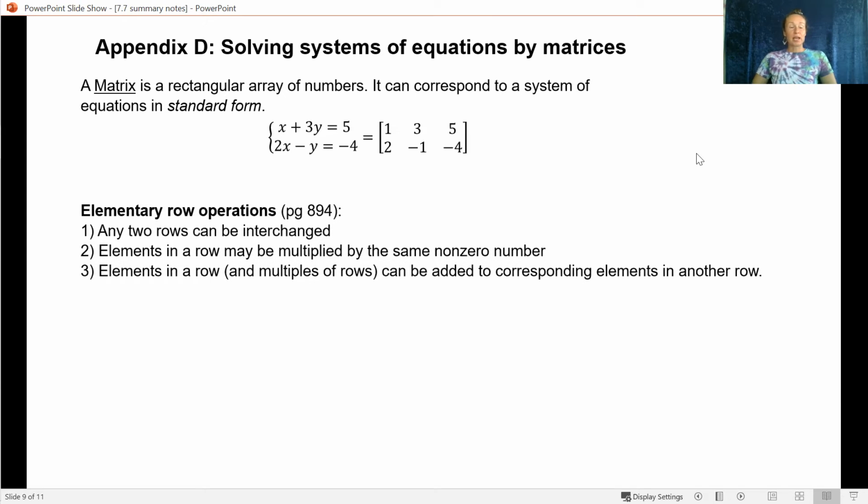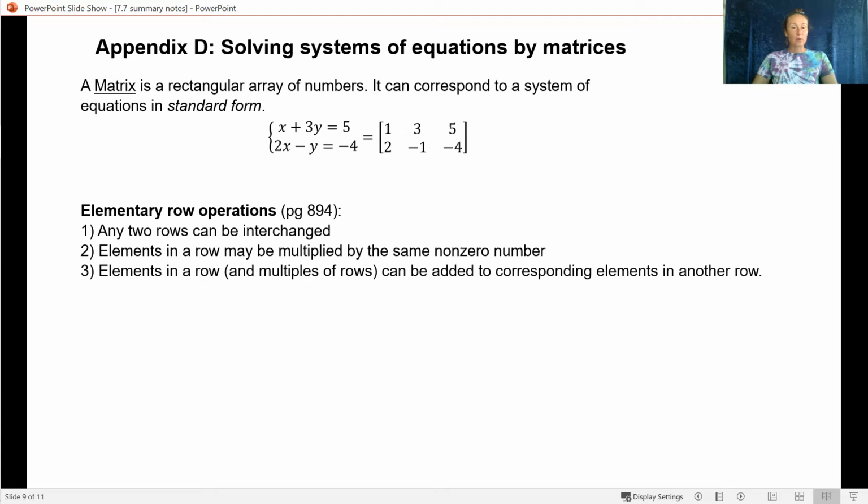We can do operations with our matrix that are equivalent to elimination operations we were doing with our systems of equations. These are going to be called elementary row operations. Any 2 rows can be interchanged. So I can switch row 1 with row 2. That's really the same thing as just listing one equation before listing the other equation, right? Elements in a row can be multiplied by the same non-zero number.